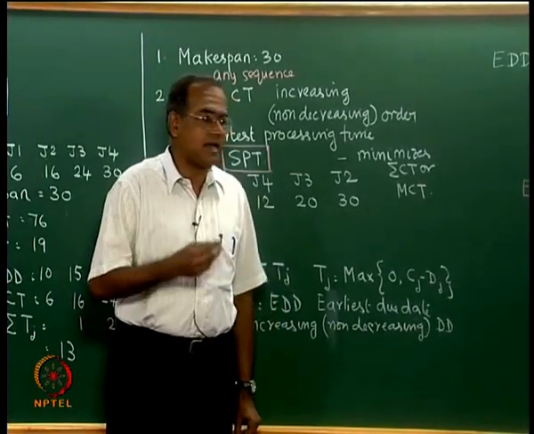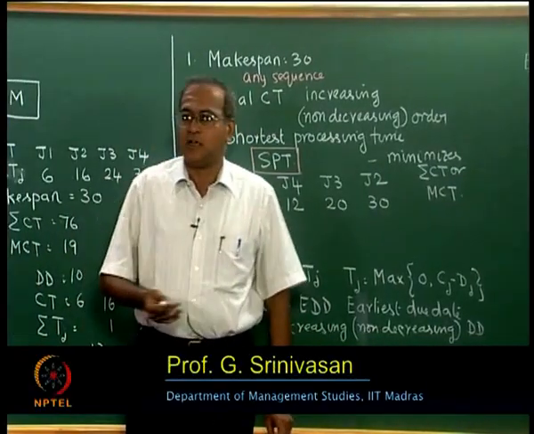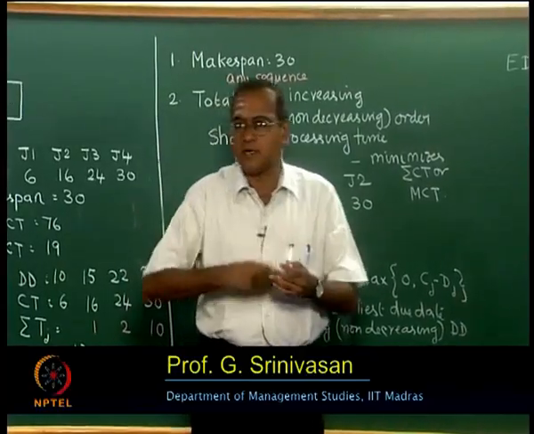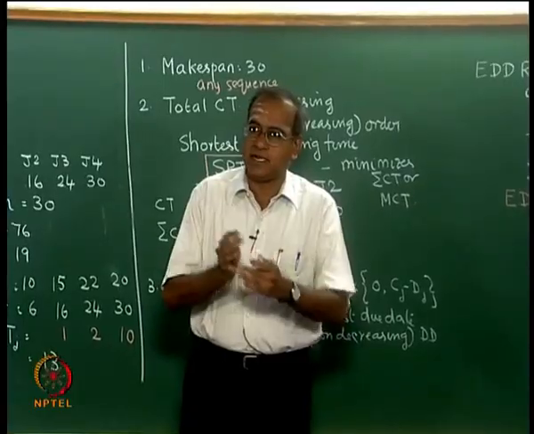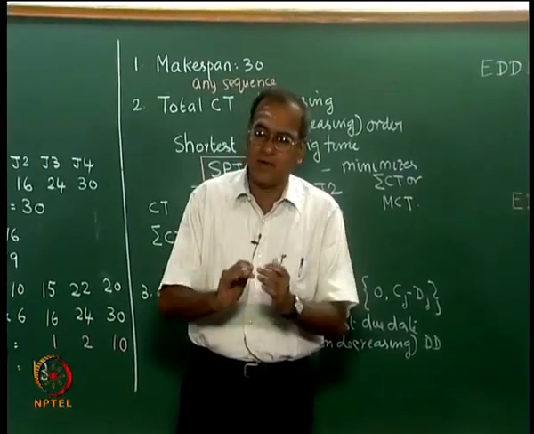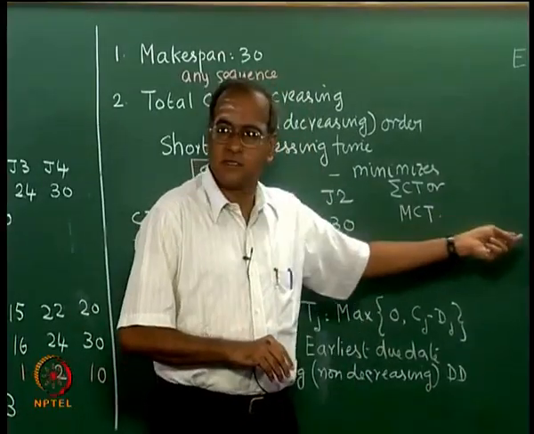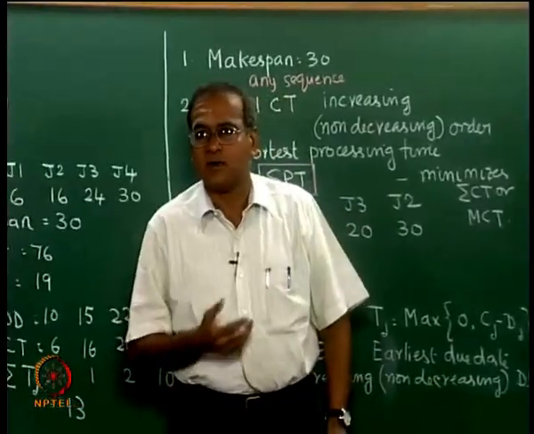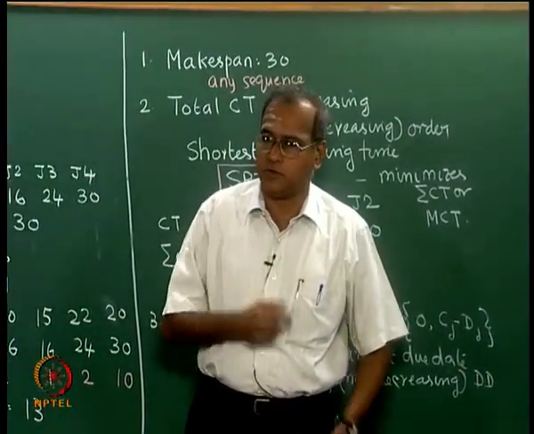For example, if we look at n equal to 20, the number of computations is extremely large when we want to enumerate n factorial. So, we would look at methods that implicitly evaluate a part of the n factorial, but tell us that it has evaluated that, and by evaluating fewer than n factorial, could give us the optimum solution. Several branch and bound algorithms try to do that by implicitly evaluating some of the solutions.